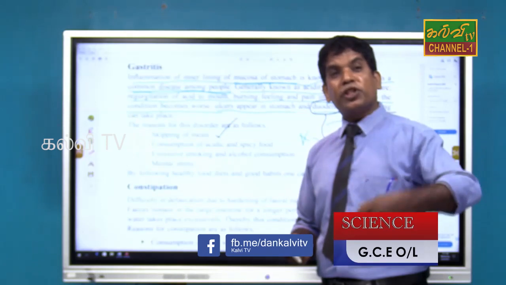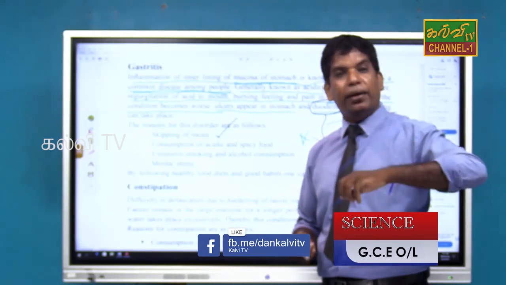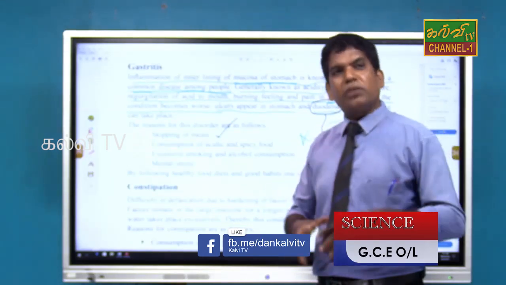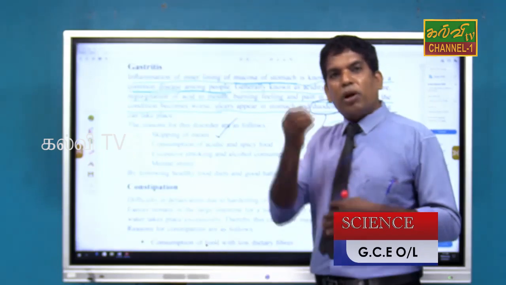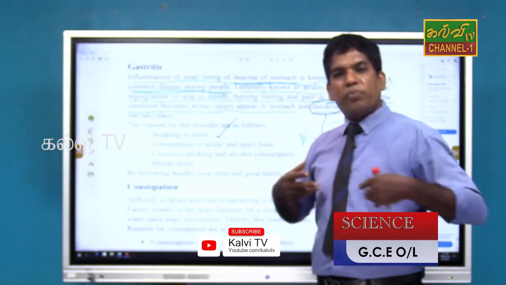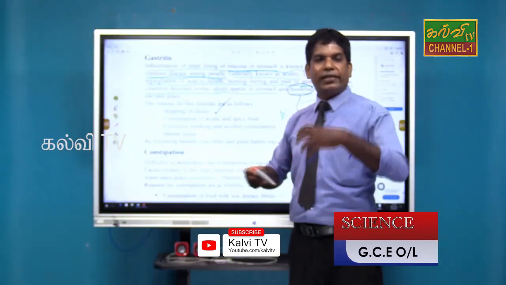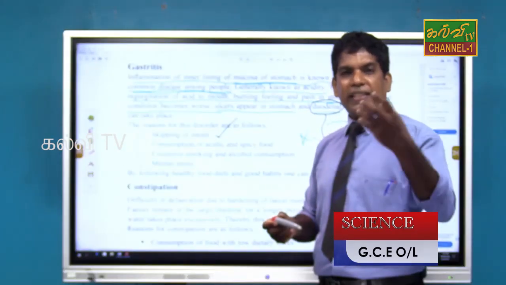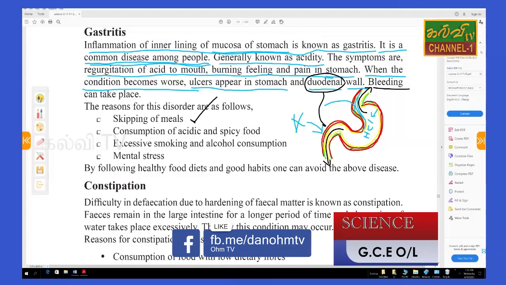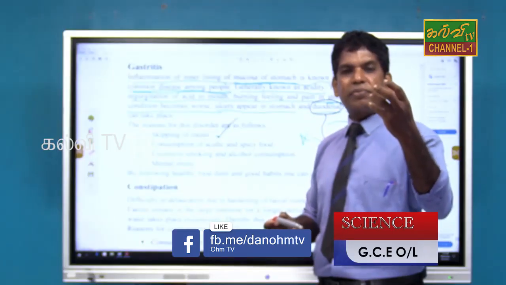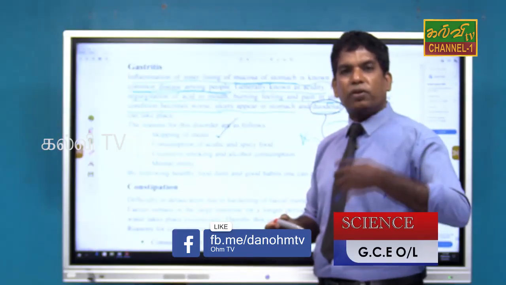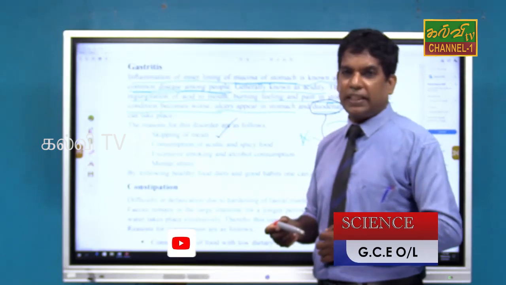So if you miss eating food in time, secretion is still possible, a small amount, because we are already trained. Therefore, that acidic substance can cause some wound, gastritis.